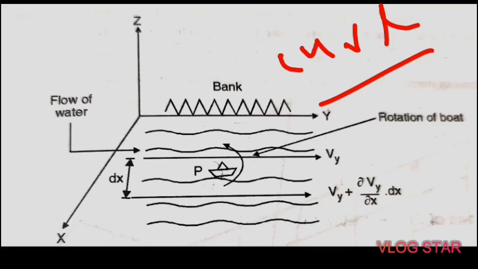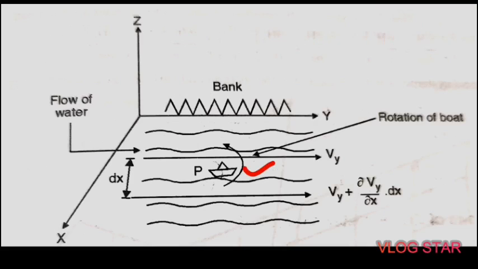Let us see what the significance of curl is. Physically, the curl is the measure of the tendency of a vector to curl, or to cause rotation or twisting. Let us see one example. Consider that a child has launched a tiny paper boat at this point P in a flowing stream of water near the bank.